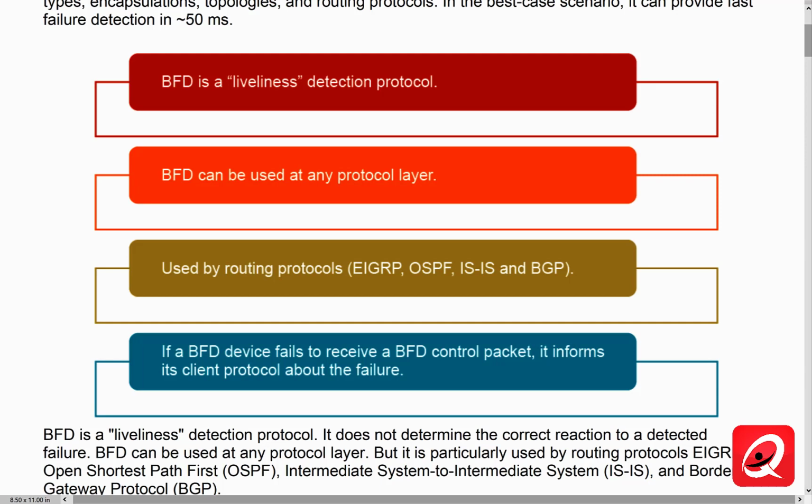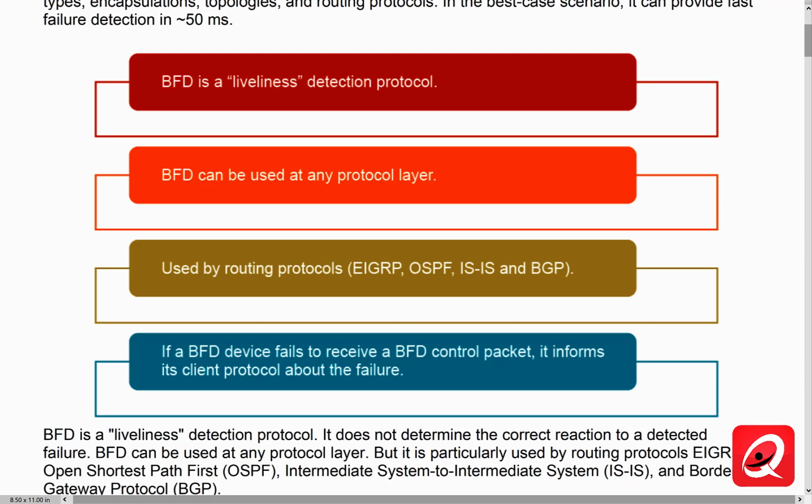BFD is independent of all of those things, but it works with multiple routing protocols. And our detection times can go from 5, 10, 15, 20, 30, 40, 50 seconds down to less than or about 50 milliseconds. So that's a pretty significant change, to be able to do this.